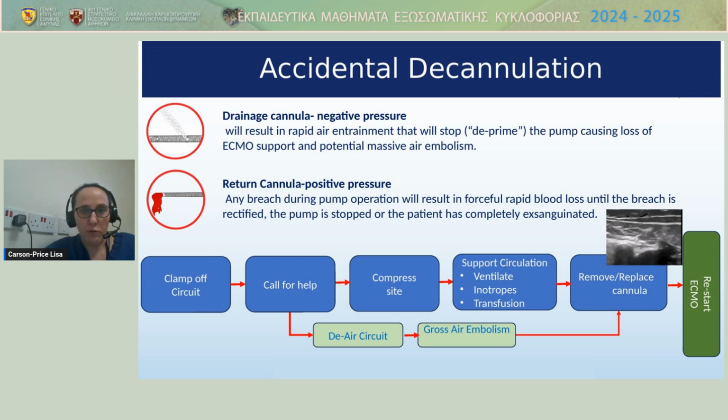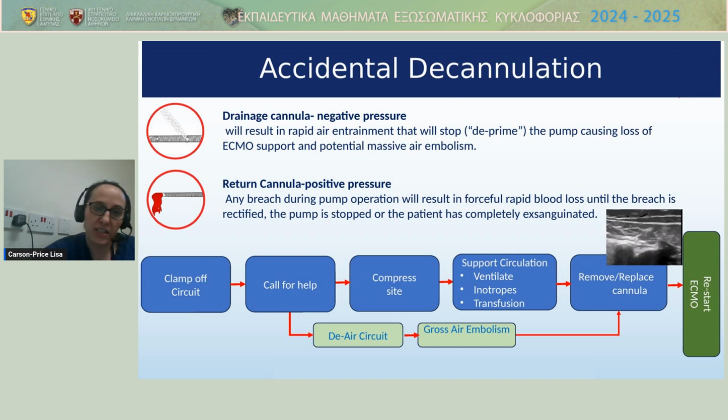So, we're nearly there with regard to the ELSO incident criteria. Then we have accidental decannulation. Generally we will have two cannulae, a drainage cannula and a return cannula. With the drainage cannula, it's important to remember, if that becomes displaced, it is negative pressure, it's suction, so it will entrain air very quickly into your circuit, so it can be very catastrophic very quickly.